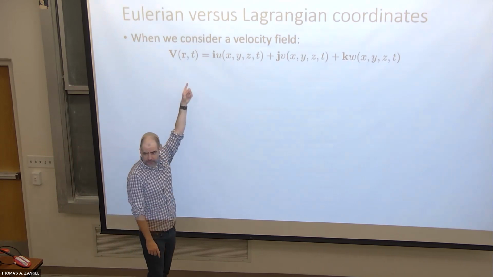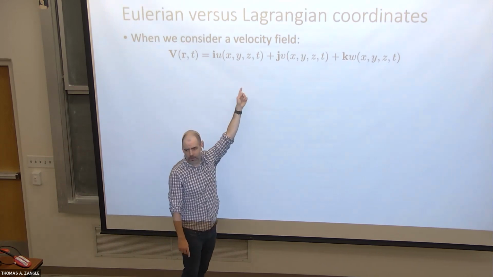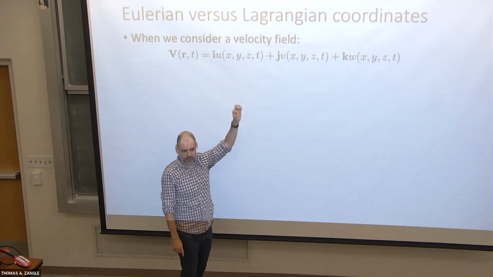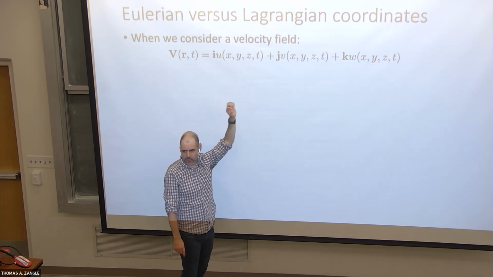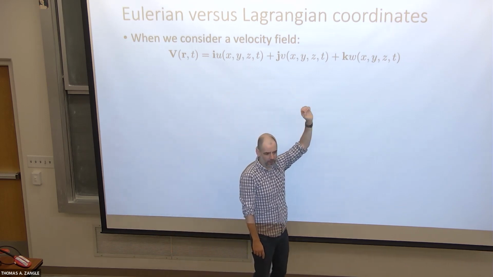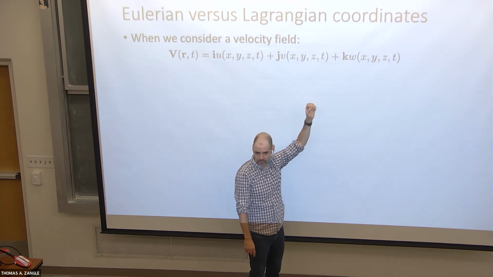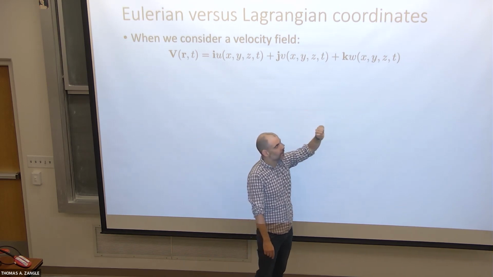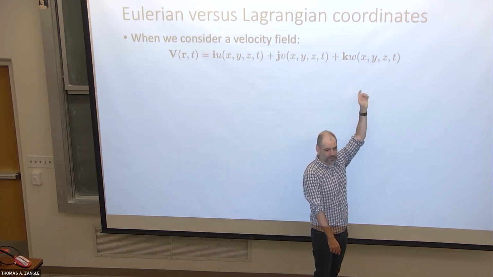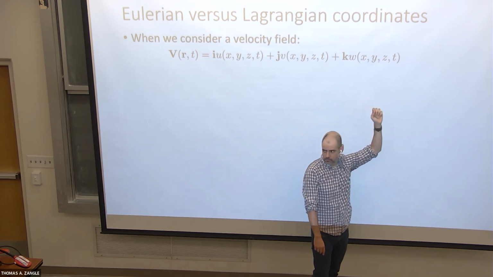But that vector velocity field has three components. An x component, which we are often going to denote as lowercase u. A y component, which we are often going to denote as lowercase v, which I know gets confusing. And a z component, which we're often going to denote as lowercase w. Okay.